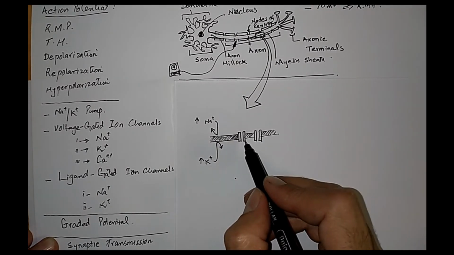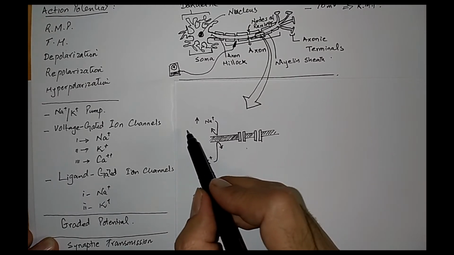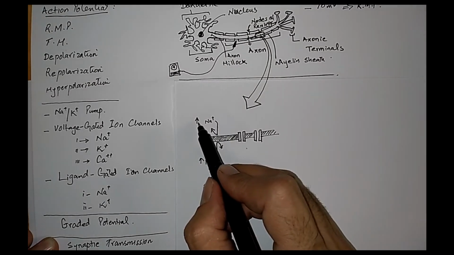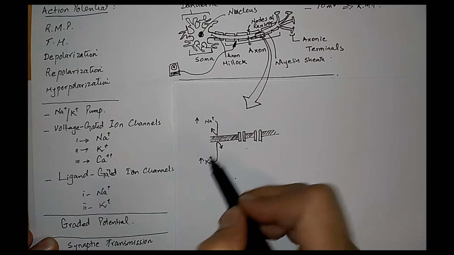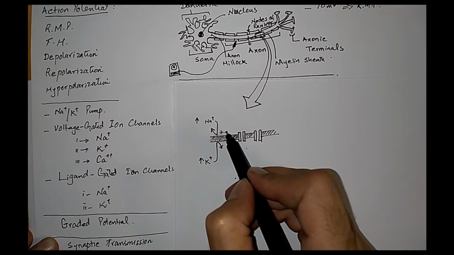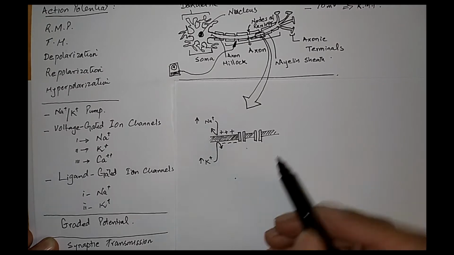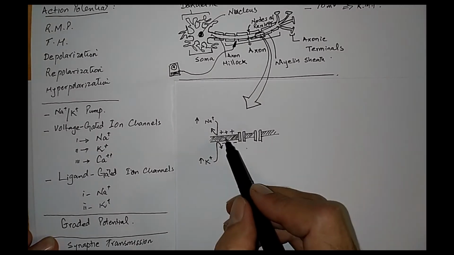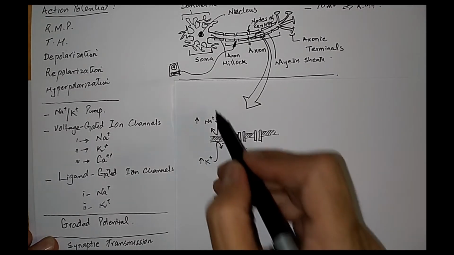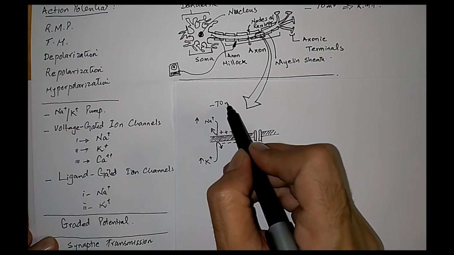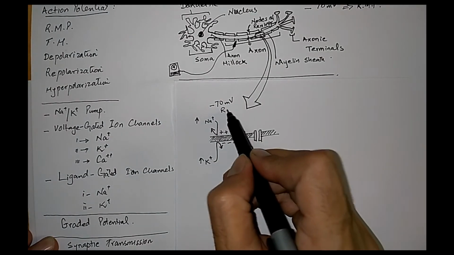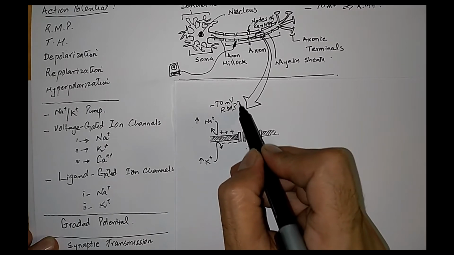Before I discuss the voltage gated ion channels, I would like to mention that because there is more sodium ion concentration outside than potassium ion concentration inside, the outside of the membrane becomes positively charged and the inside becomes negatively charged. And this difference between these two charges is minus 70 millivolts, which is the resting membrane potential.